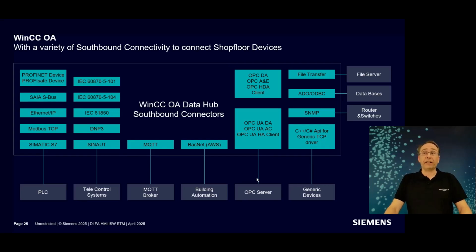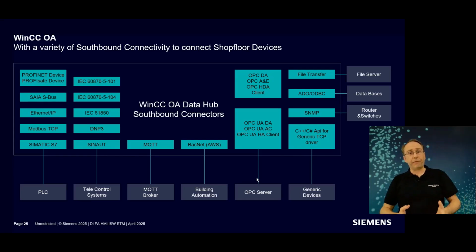And the IEC 61850 comes also, of course, with the 61400, what is for the wind, but the 61850 comes with a complete set of engineering, and that is for the energy market, as many of you might know. The DNP3, more often used in the water projects, and SINAUT, of course, is the protocol from Siemens that is also supported in WinCC OA.